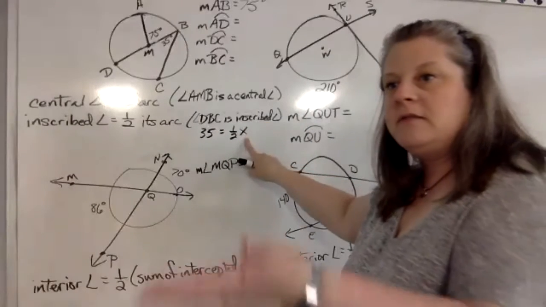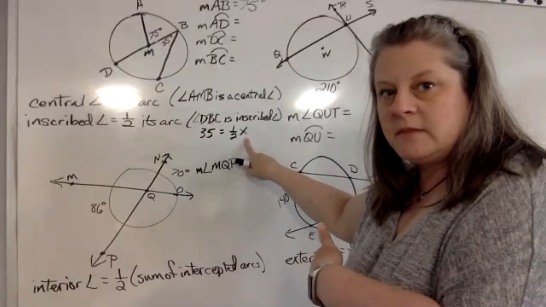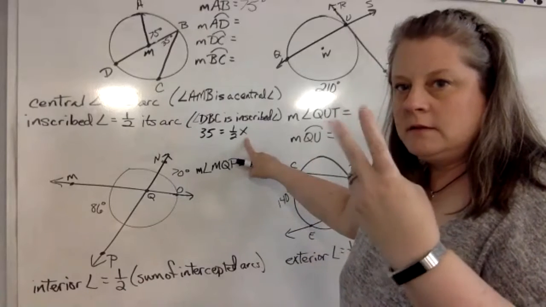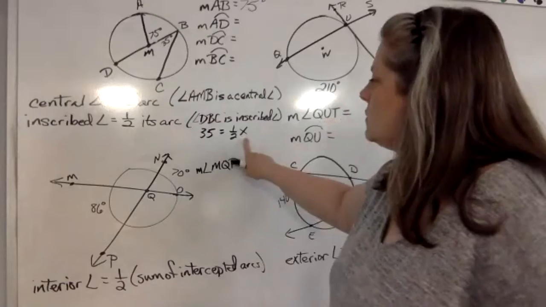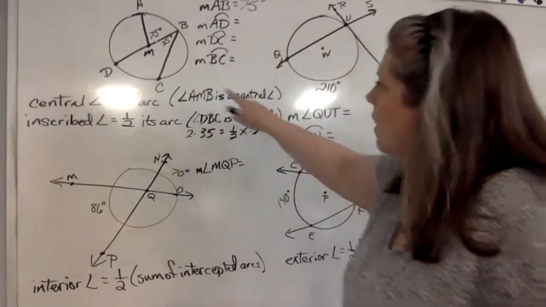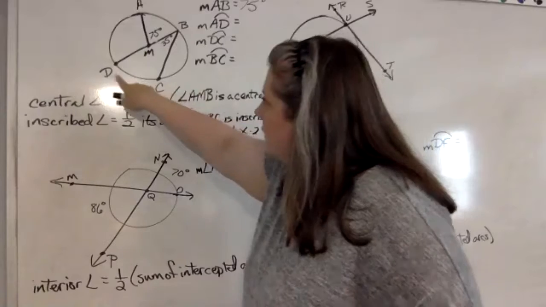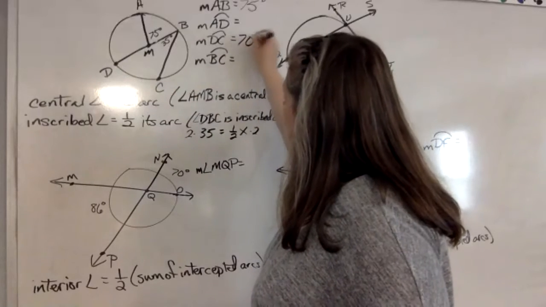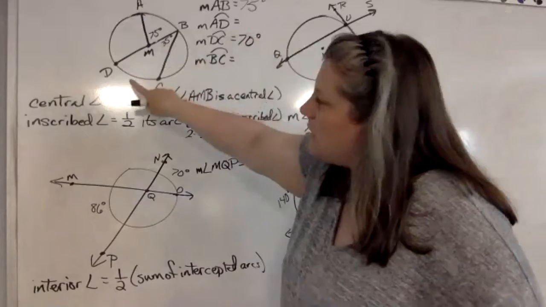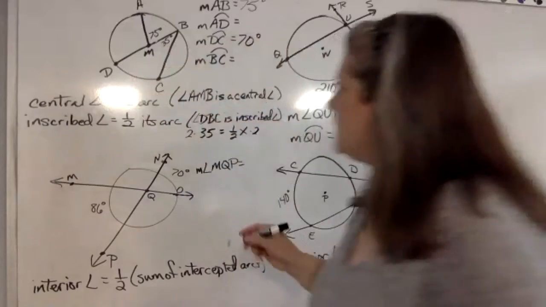What's the opposite of dividing something in half? Multiplying it by 2. So I'm going to multiply by 2. So arc DC here would have to be 70 degrees because I had to take the angle and multiply it by 2 to get the arc.